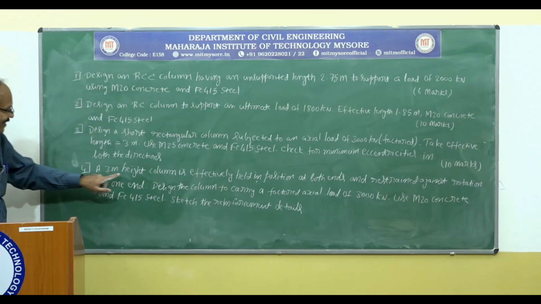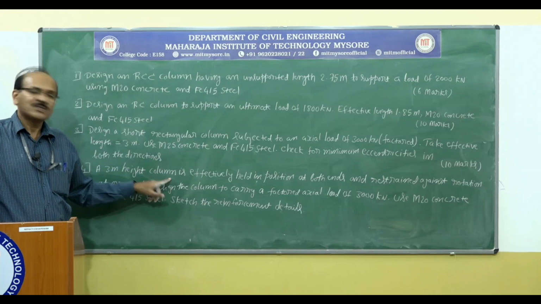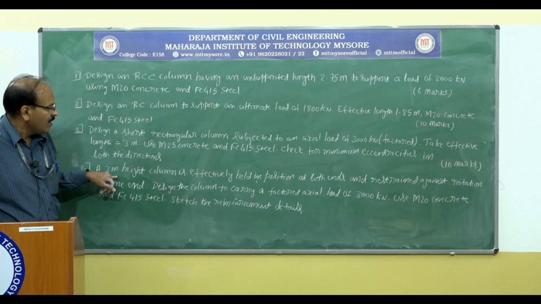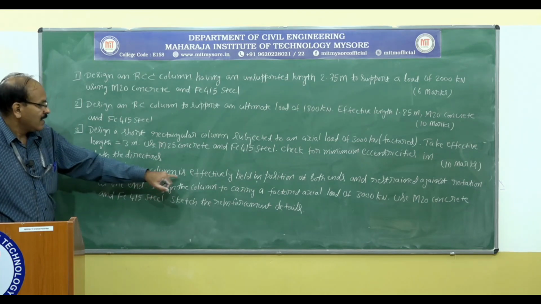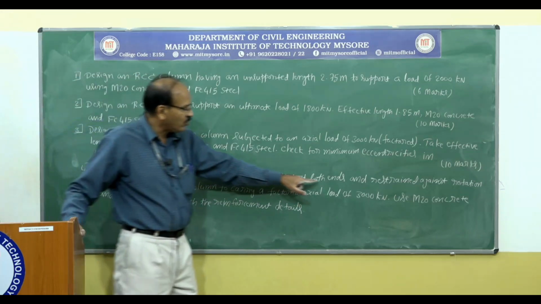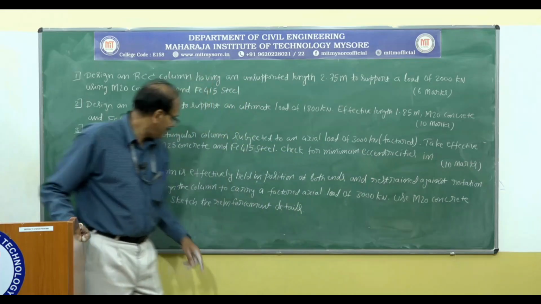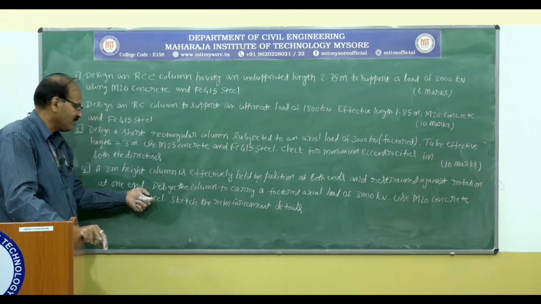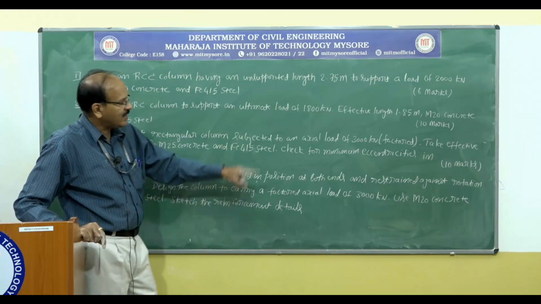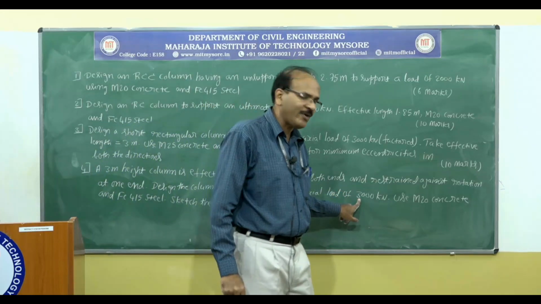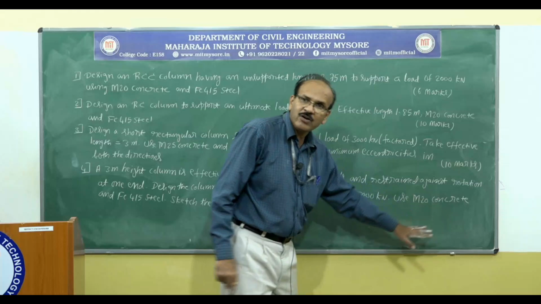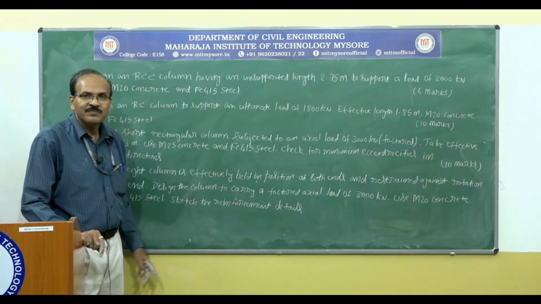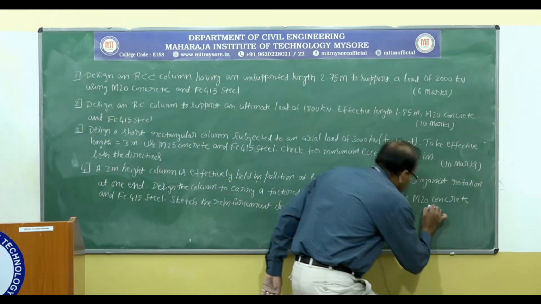A 3-meter height column, 3 meter means this is the unsupported length L, effectively held in position at both ends and restrained against rotation at one end. That means one end is fixed and the other end is hinged. Design the column to carry a factored axial load of 3000 kilonewton, that is PU value is 3000 kilonewton. Use M20 concrete and Fe 415 steel. Sketch the reinforcement details. Of course, this problem carried 10 marks.